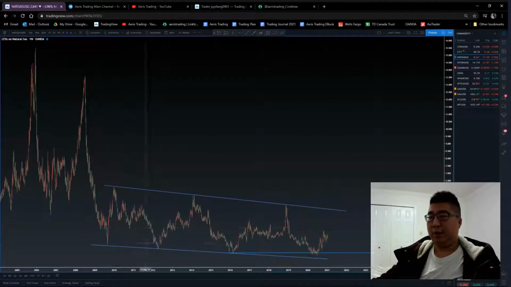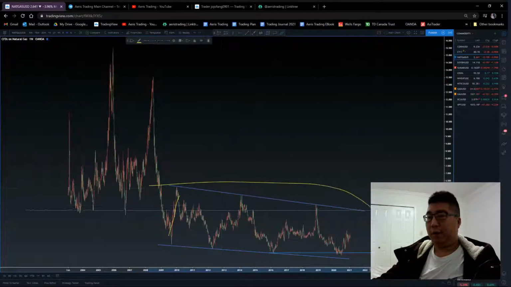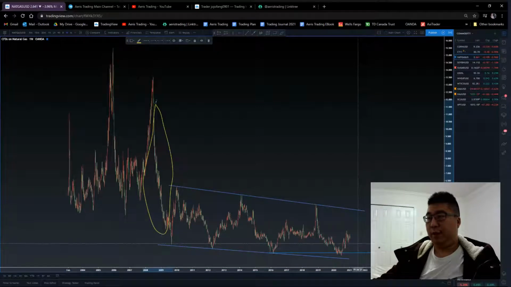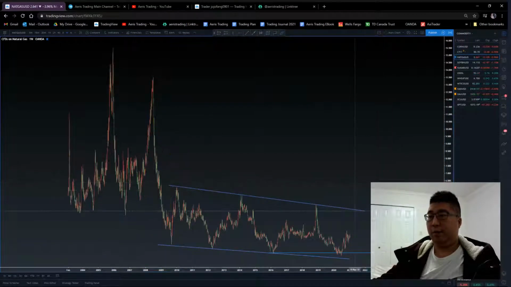You can see there are several attempts for price to break out, never able to break out. But correction has to finish sometime. Correction doesn't correct forever. So eventually, we're going to see a finish of this correction here, and this is looking more like a reversal correction now for this bearish move, and likely we're going to see continuation from this bottom here.